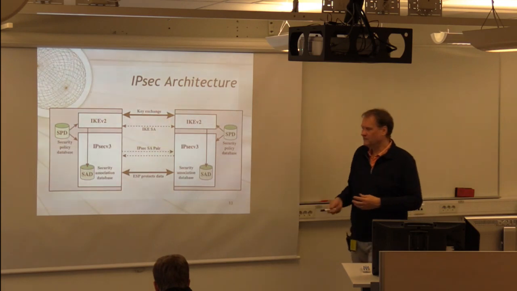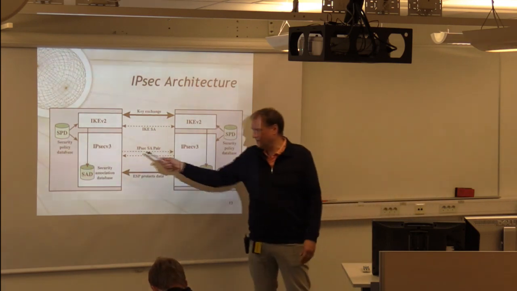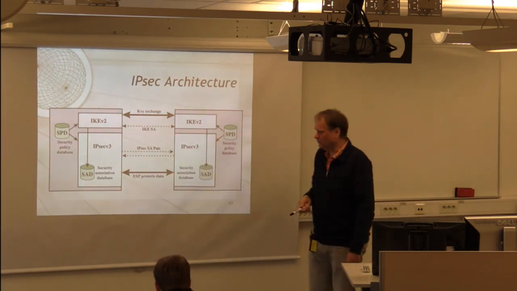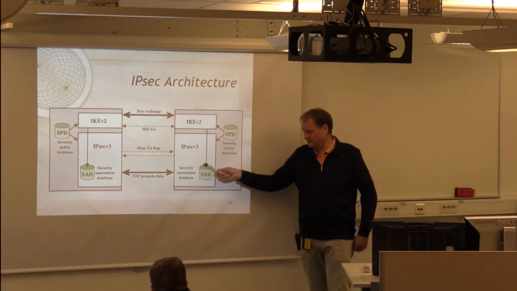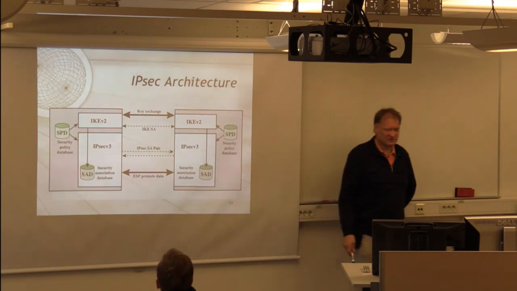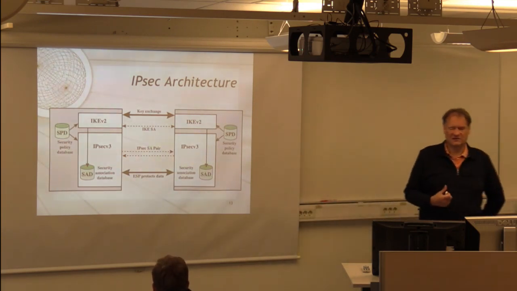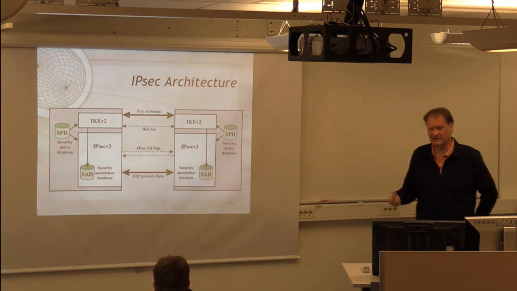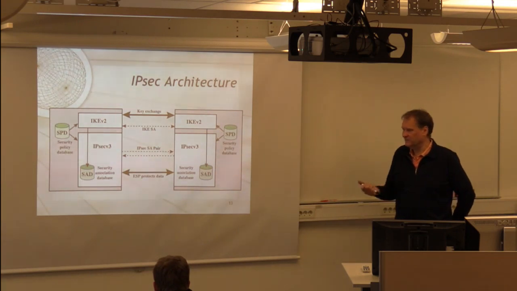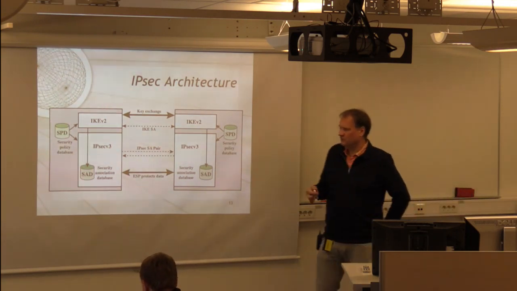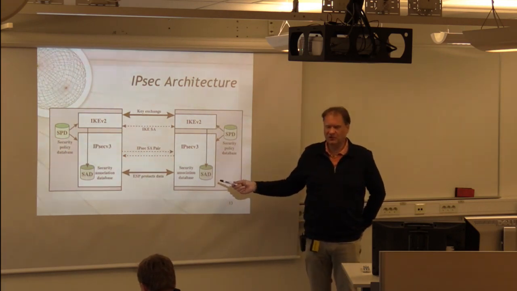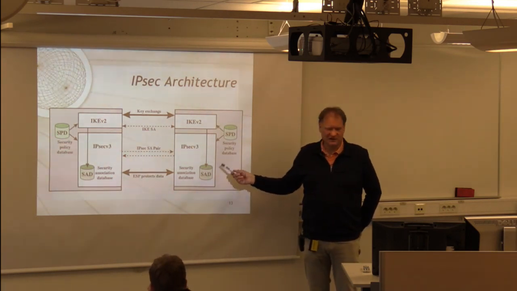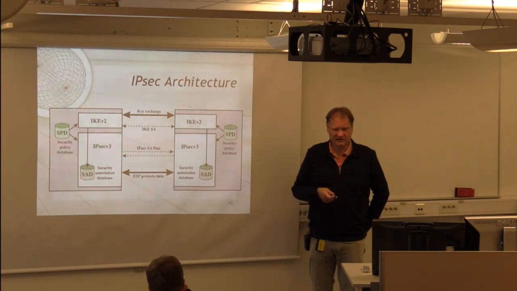So we can have many different parallel security associations going on. To handle that, we need this database here of security associations. These are current associations that have been negotiated and are used right now. Whenever a packet comes in or is going out, we need to check which security association it should belong to. Based on that, we can decide exactly how to handle that packet.